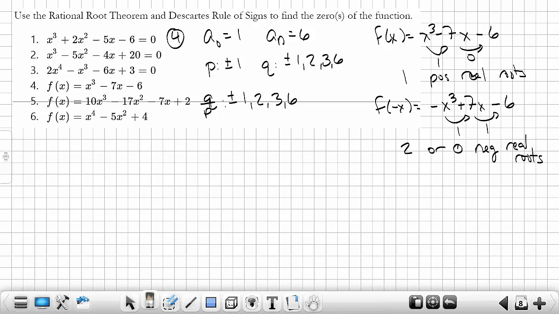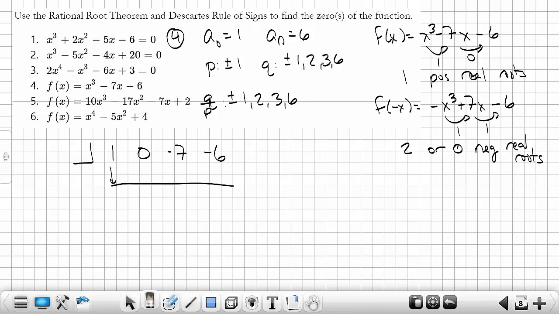Okay, now let's find them. Don't forget our placeholders. We don't have a squared value, so we need a placeholder for that. So we have 1, 0, negative 7, negative 6. We've got 1 positive, so let's find that 1 positive real root. It's either 1, 2, 3, or 6.